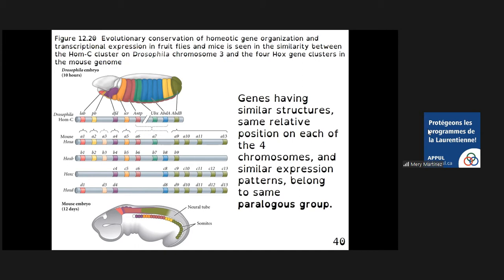Okay, so genes having similar structures, the same relative position on each of the 4 chromosomes, and similar expression patterns belong to paralogous groups. So we can compare this and look at duplications, and they create more or less the same structures in both individuals.